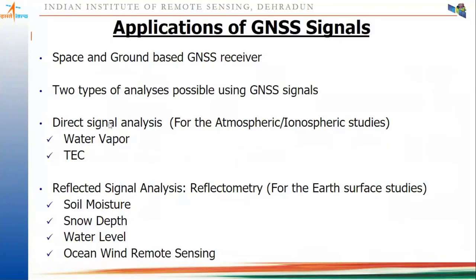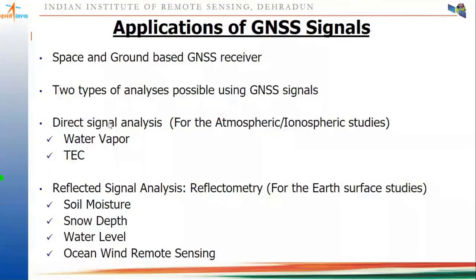And when the signal is reflected from the nearby surfaces, it is called reflectometry, for Earth surface studies. Parameters like soil moisture, snow depth and water level can be derived.